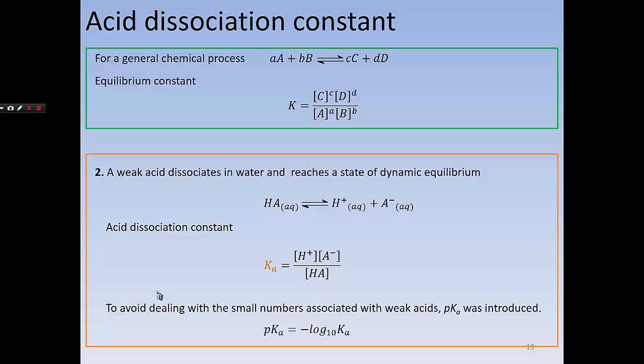So rather than saying, for example, the acid dissociation constant of a weak acid is 7.2 times 10 to the minus 5, we can simply say the pKa of this acid is 4.14. Remember, the little p means negative log. Please read the lecture notes for more explanation on pKa.